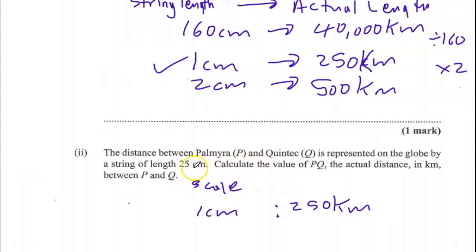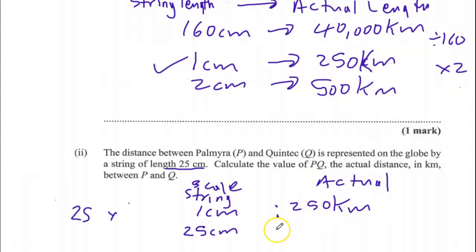We are told that PQ on the string is 25 centimeters, so I multiply both sides by 25. 25 times 1 centimeter is 25 centimeters of string, and I multiply 250 by 25 for the actual distance, which is 6,250 kilometers.